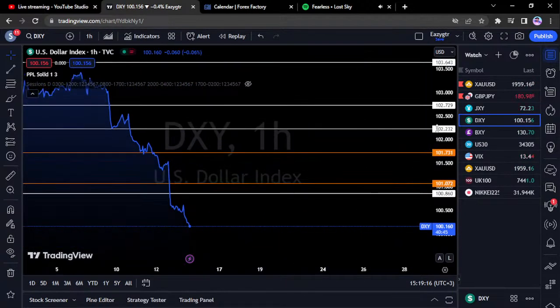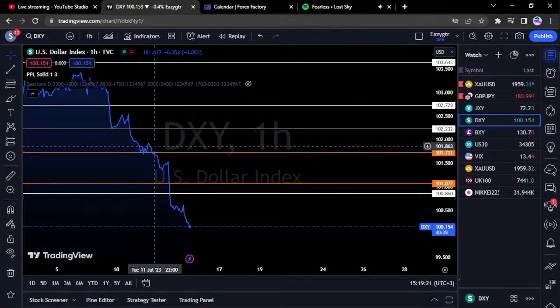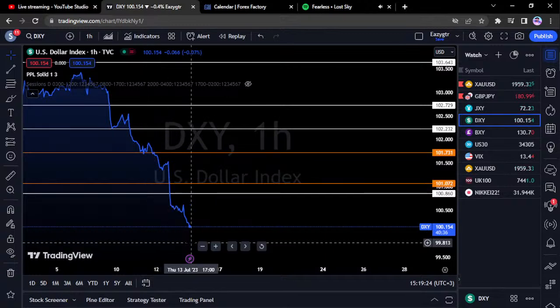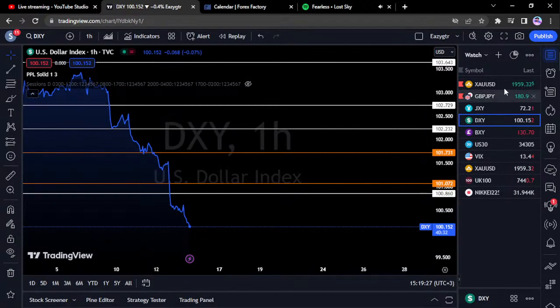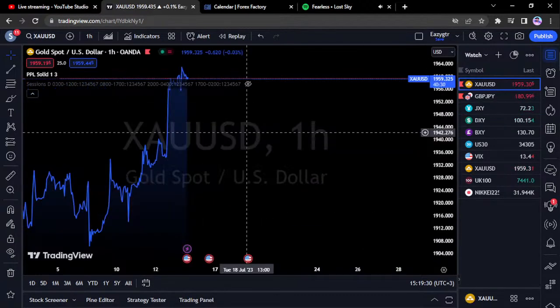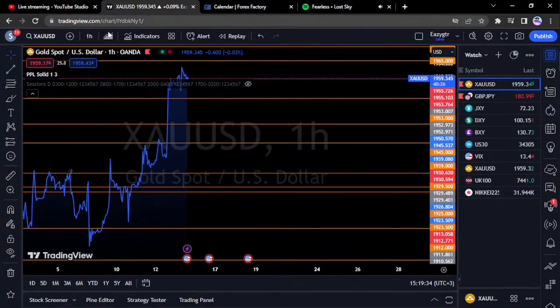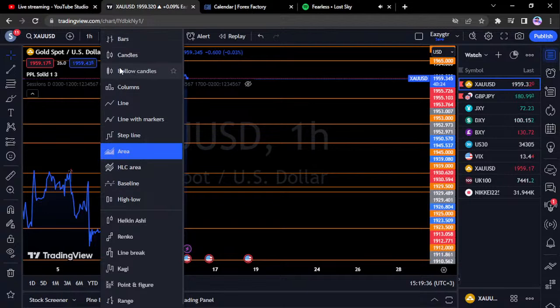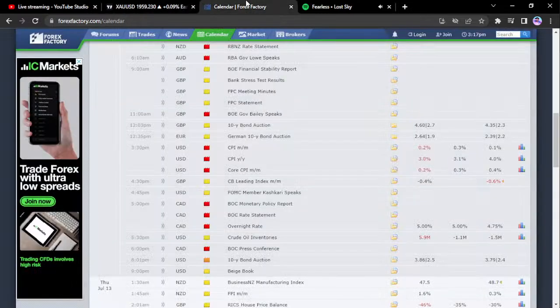These were our levels, and before I was cut off yesterday, I had marked out these key levels such that we'd realize the outflow in USD. With the USD losing strength, we had our trades on gold, which were the bulls, and they played out exactly as we had plotted them. So that was what happened during CPI yesterday.